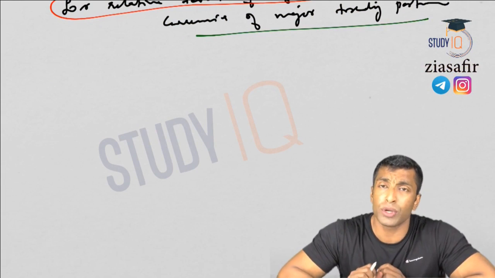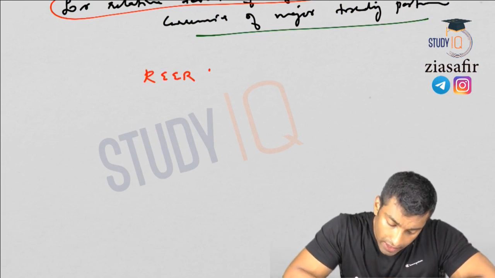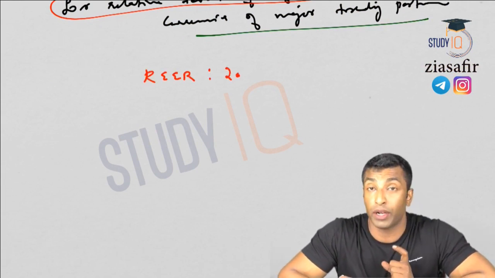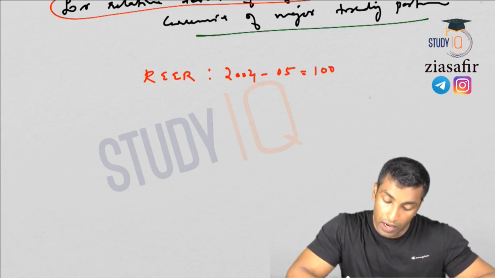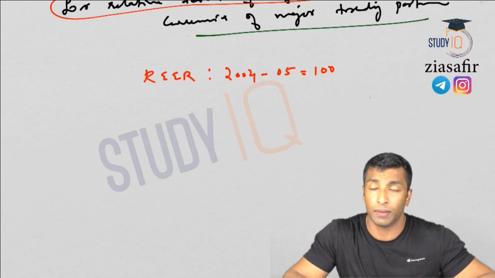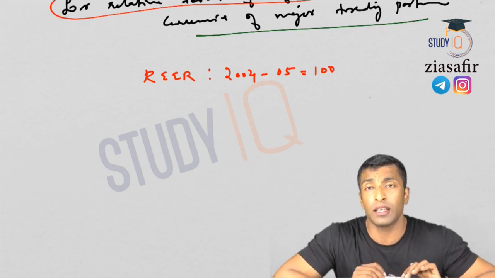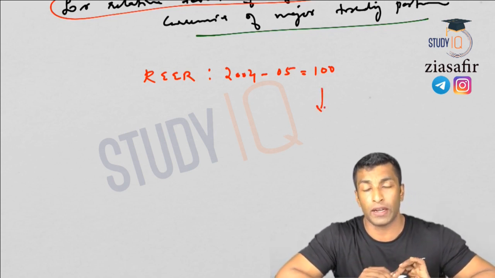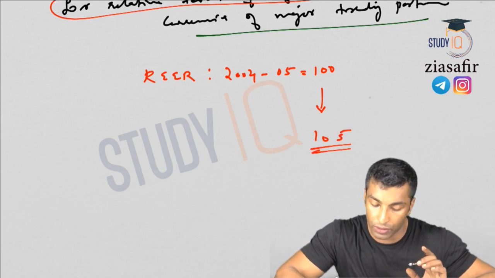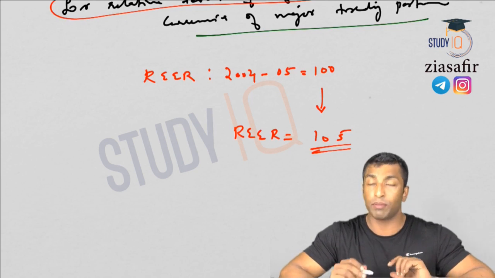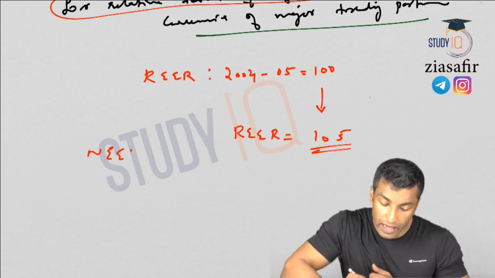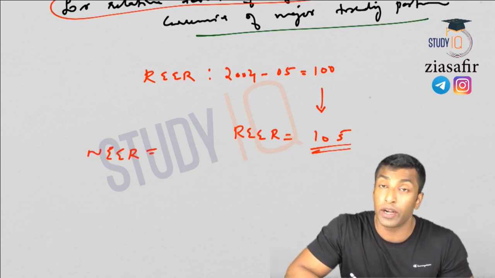Now REER is also an index number. So how will you write that? REER is, put a colon, 2004-5 equal to 100. So this is actually the base year. Now before I've told you, see, if inflation is more in India, that will be reflected here. So what will happen? This will increase to, let's say, 105. So REER value will be like 105. What does that mean? Inflation is more in India. But NEER will be, like just now I have discussed already, depreciation is there.